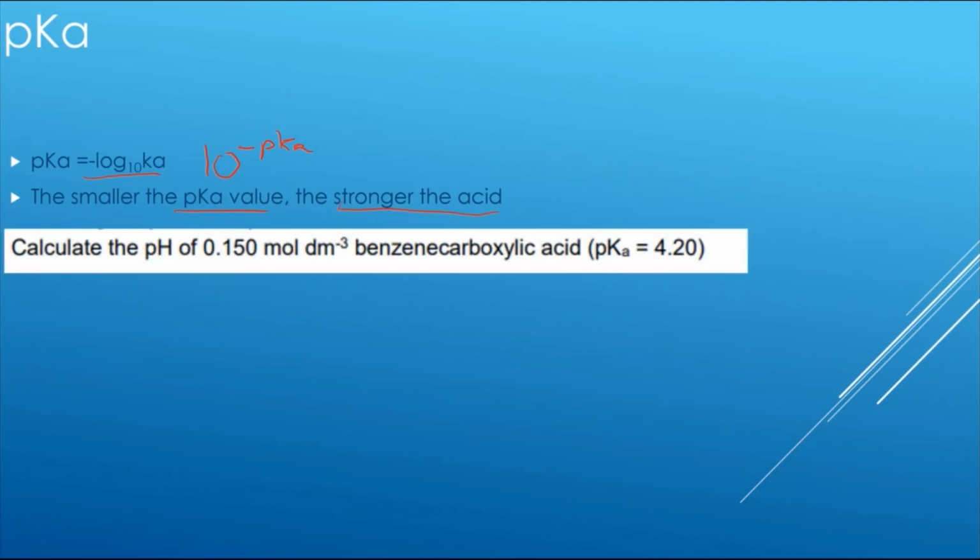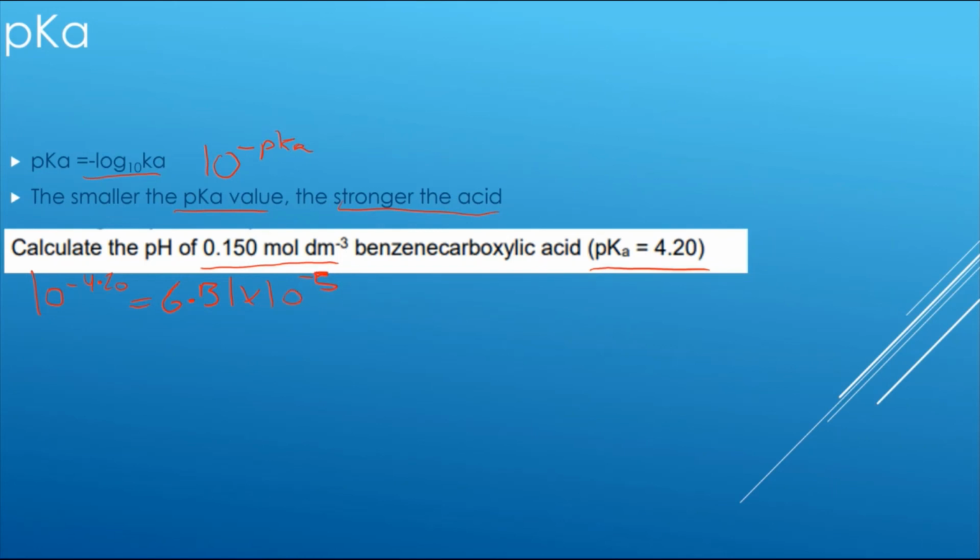So we can be asked to calculate the pH when we've been given the concentration of the acid and the pKa. What we can do in this question is find out the Ka value first. So again, we would do 10 to the power of minus 4.20, which will get us the Ka, and this is 6.31 times 10 to the power of minus 5.